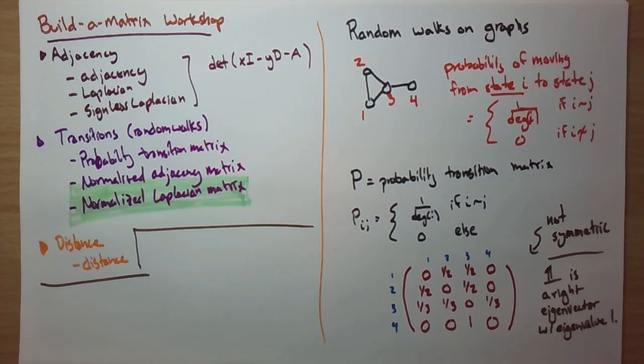All eigenvalues have size at most 1. In fact, we can go further than that, if we make some additional assumptions about our graphs.